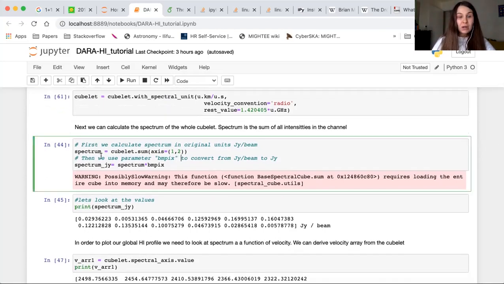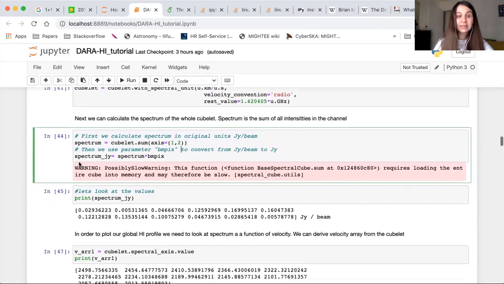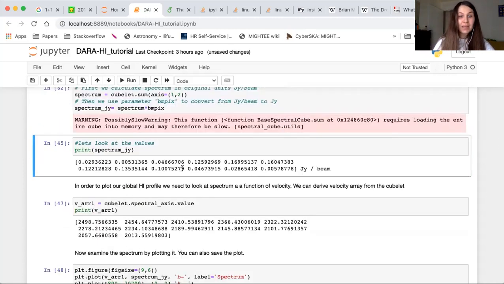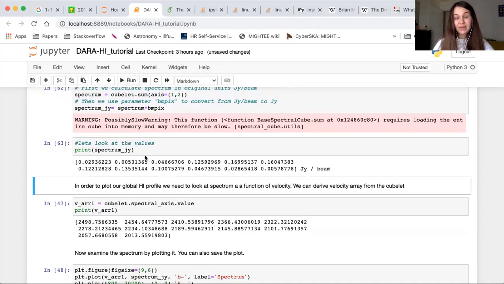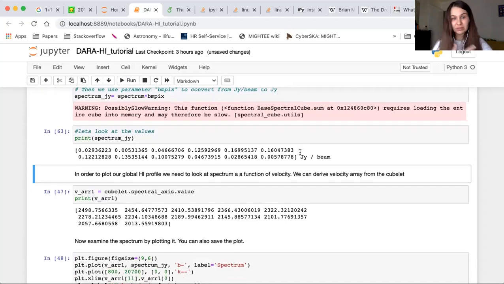For this, we take the sum over axes 1 and 2, so over the RA and Dec axes, and we will obtain the spectrum in Jansky per beam in original values. Therefore, we multiply it by this component, which we calculated previously, so that the values of our spectrum are not in Jansky per beam anymore, but just in Jansky. As in here. And now we can look at the values of our spectrum to understand: in general, is it good, is it bad, did everything work out?